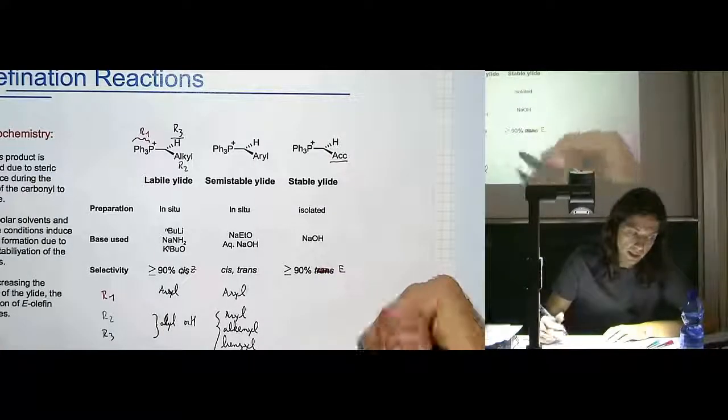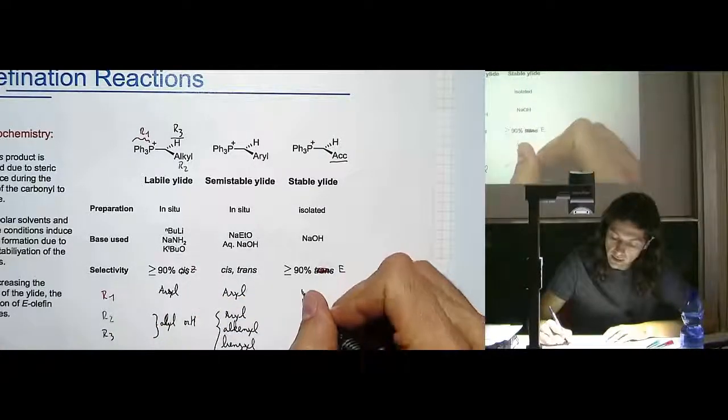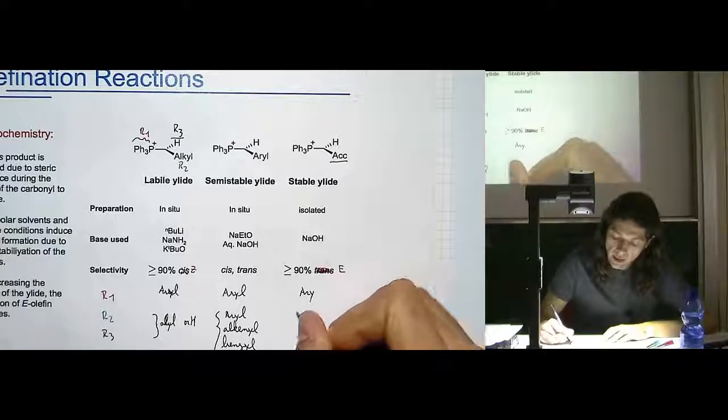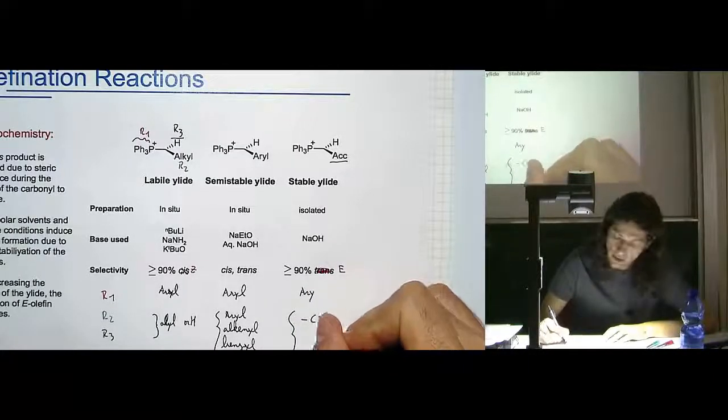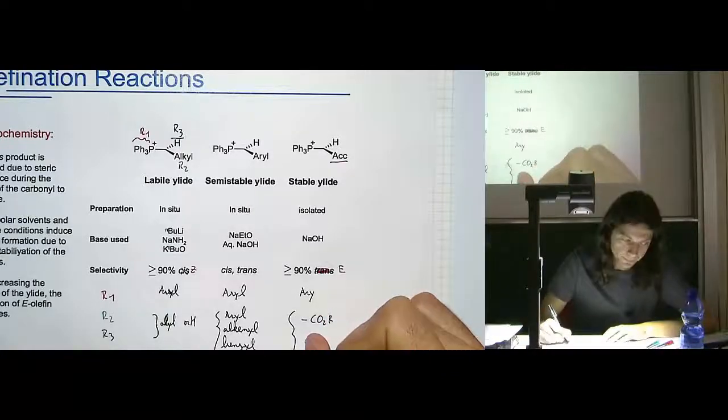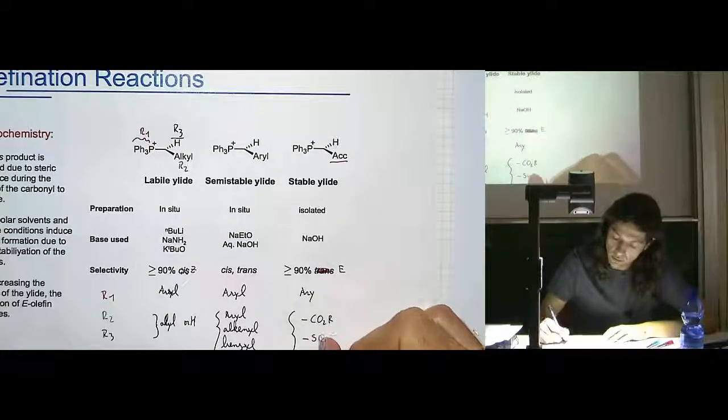This will take place whenever R1 is aryl, for example, and with an electron acceptor group, as can be esters, sulfones, cyano group.